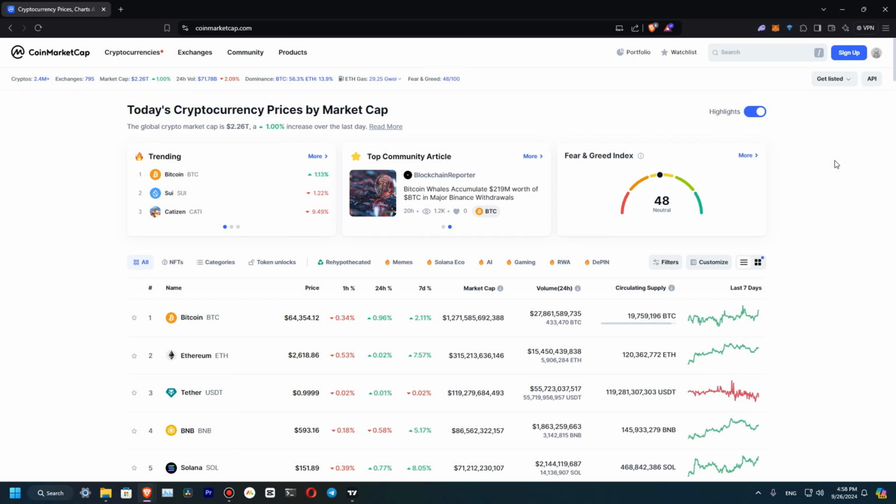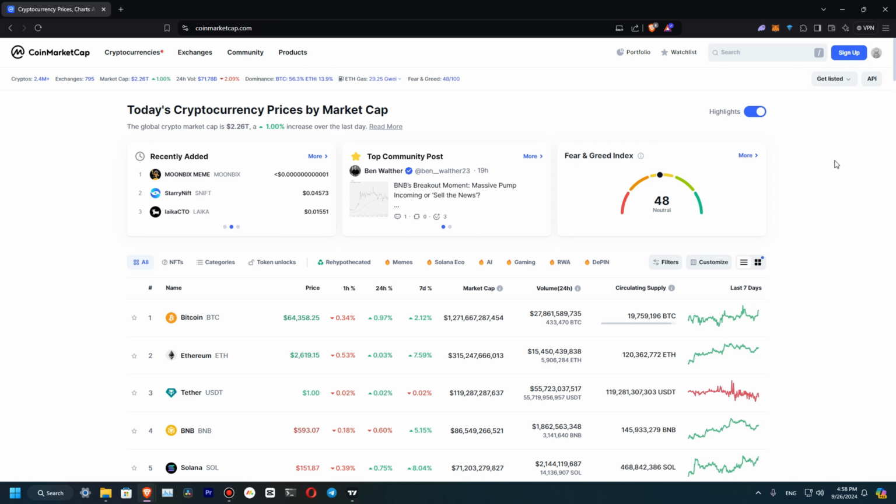Today we are going to explore one of the most essential resources in the world of cryptocurrency, CoinMarketCap. This platform is a powerhouse of data that provides real-time information on thousands of cryptocurrencies, including their current price, trading volume, and market capitalization.